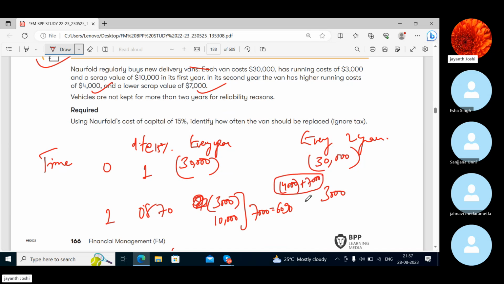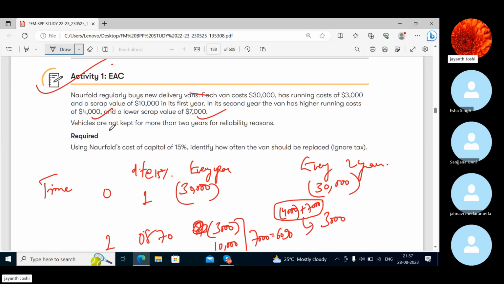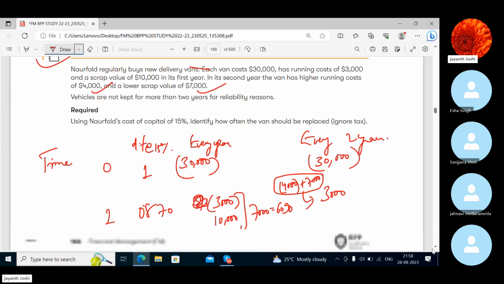So this will give you 3,000. The scrap value is less, and in the second year the van has a higher running cost of 4,000. So this also we are going to take 7,000 of the first year, right?